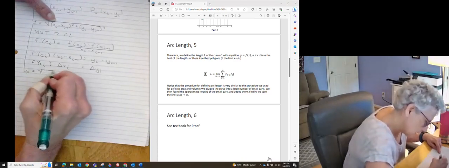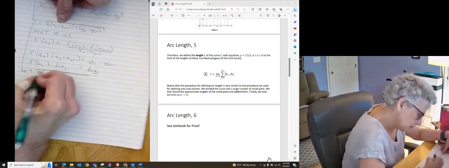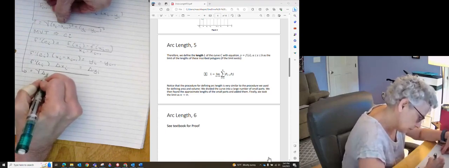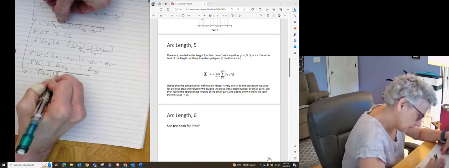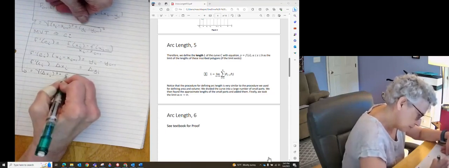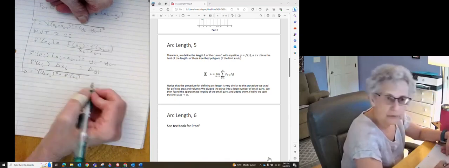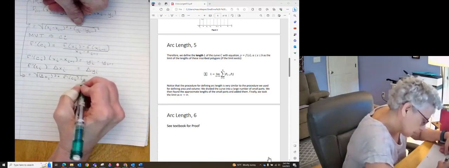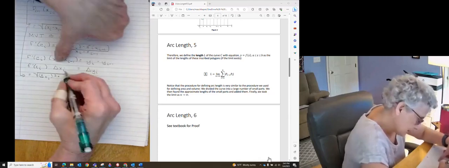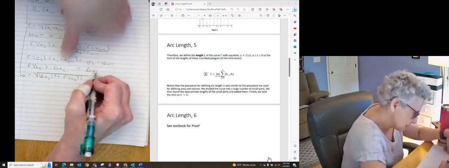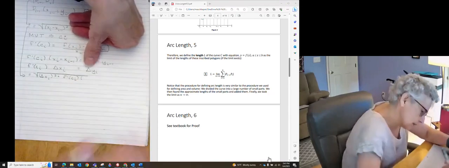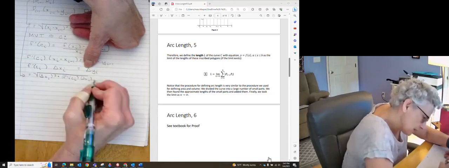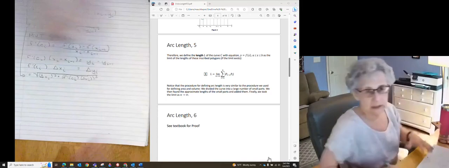This is equal to delta X sub I squared, and then we have F primed of some other variable that we know lives between there, times delta X sub I, because we're replacing delta Y sub I squared, and now this is squared.